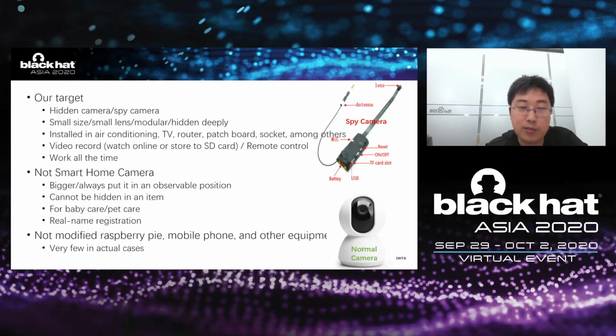These hidden spy cameras are small, have a very small lens, are usually modular, and no registration is required to purchase them. They can be easily hidden in air conditioning units, TVs, routers, patch panels, plug sockets. The list goes on. Because of these characteristics, spy cameras are difficult to find.